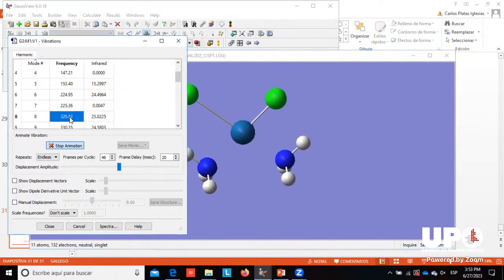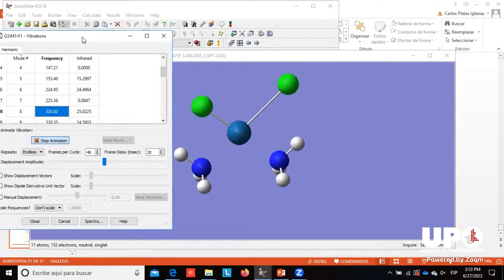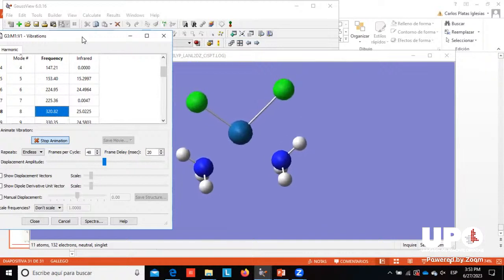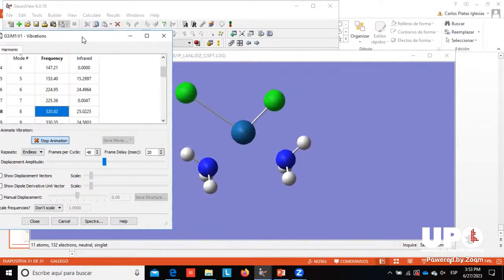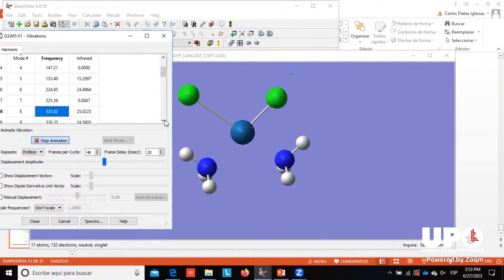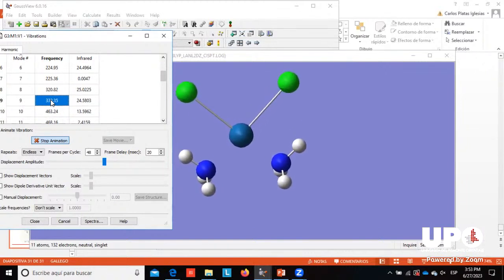That's again, okay. So this is the first really stretching vibration that we have, right? That's the unsymmetrical platinum chloride stretching vibration. And that comes at 321 reciprocal centimeters here. Okay. And then I guess we have the symmetrical vibration here, you see?